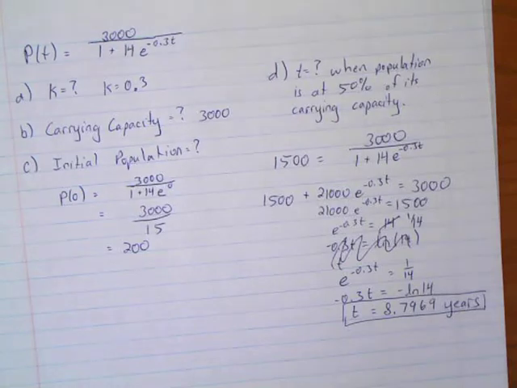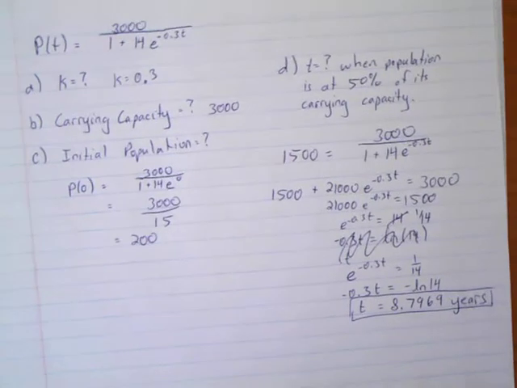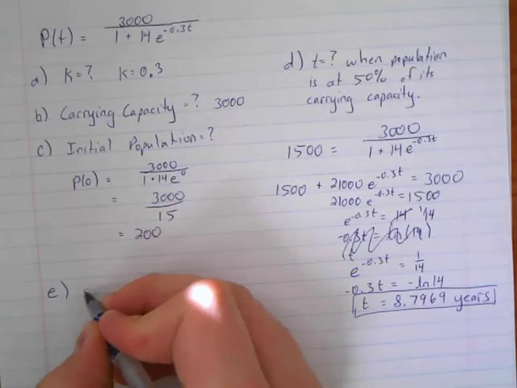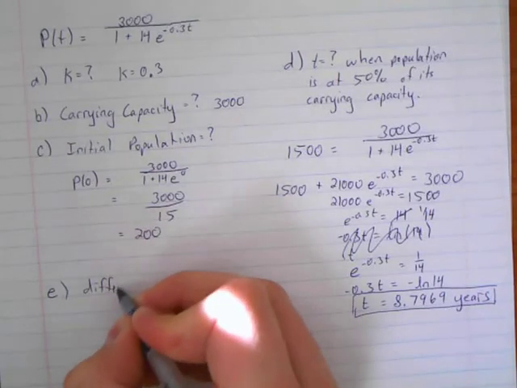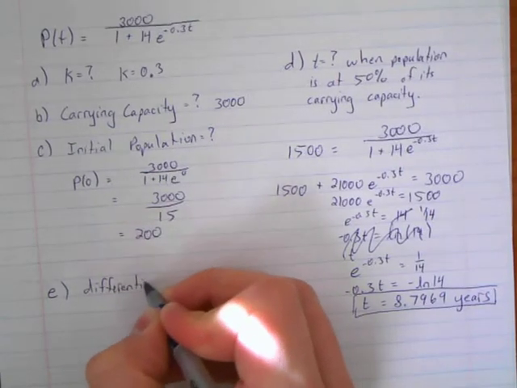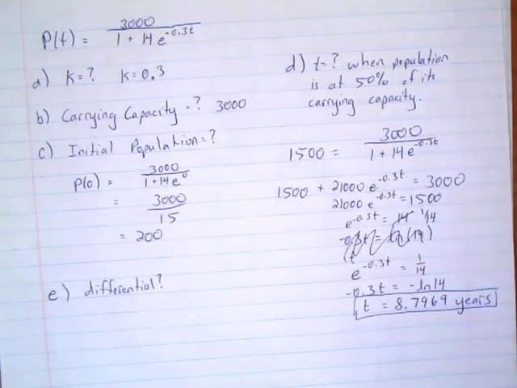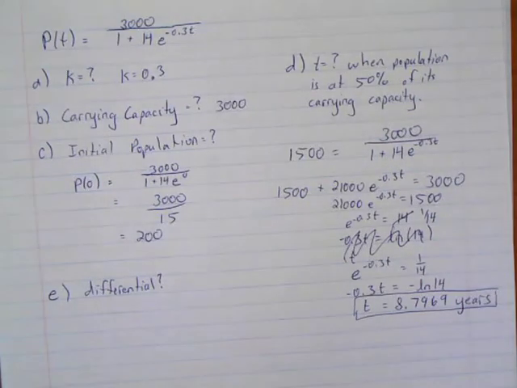All right, very good. Finally, I'm going to ask you one more question about this particular function. What is its differential equation? Hopefully you remember that these differentials have this particular form.